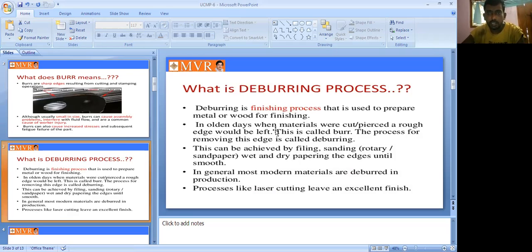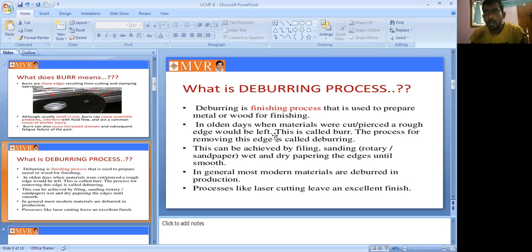In olden days, when materials were cut or pierced, a rough edge would be left. When we cut any kind of material, we can see some roughness on it. That is called the burr.